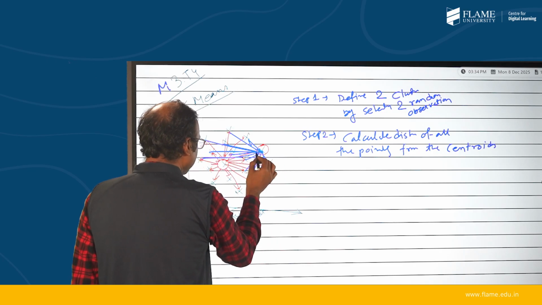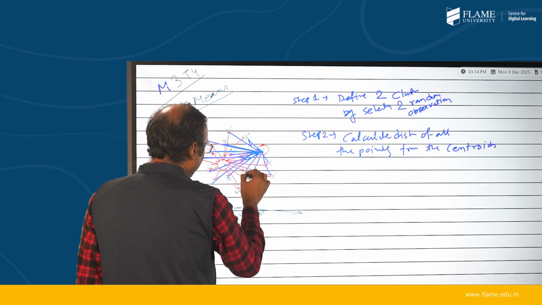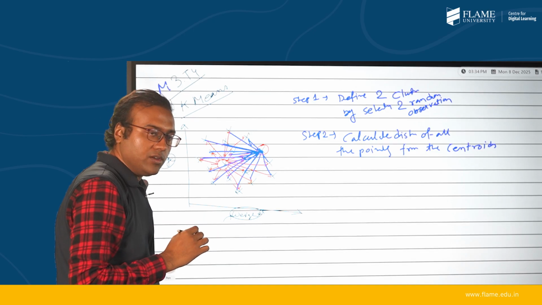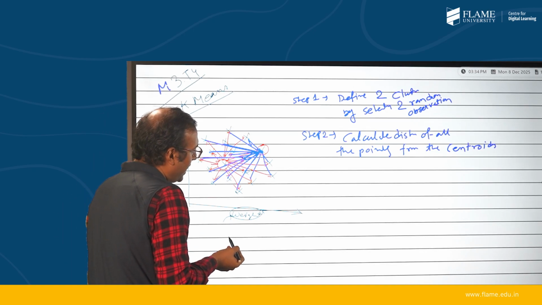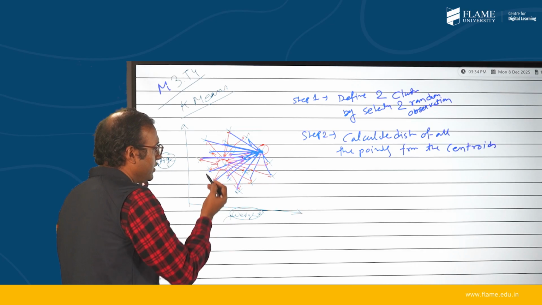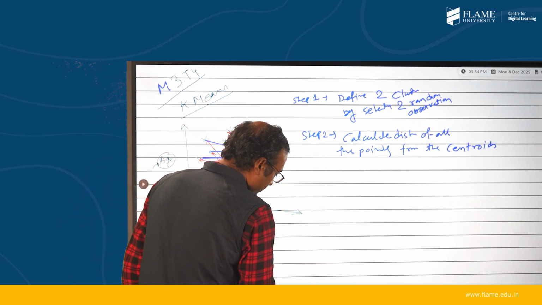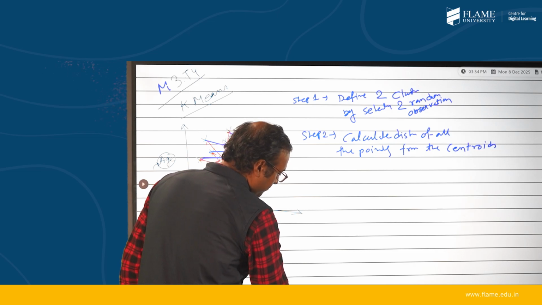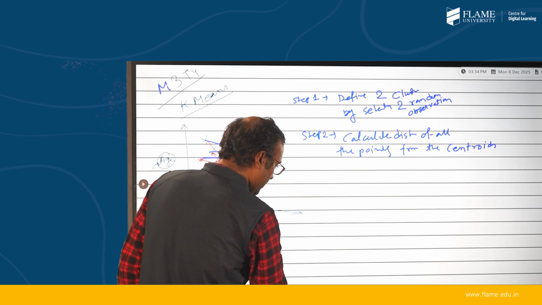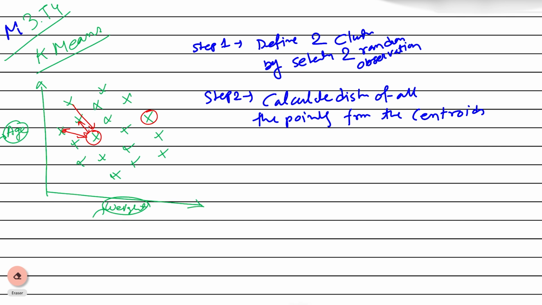Once I know the distance, I can easily identify who is nearest to that particular centroid. Once I identify them, we cluster them, and after clustering you can get a new set of clusters. Let's say after calculating all the distances, my new clusters are like this: one cluster here and another cluster here.